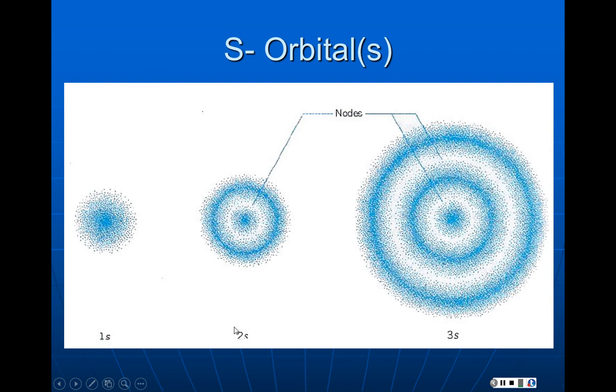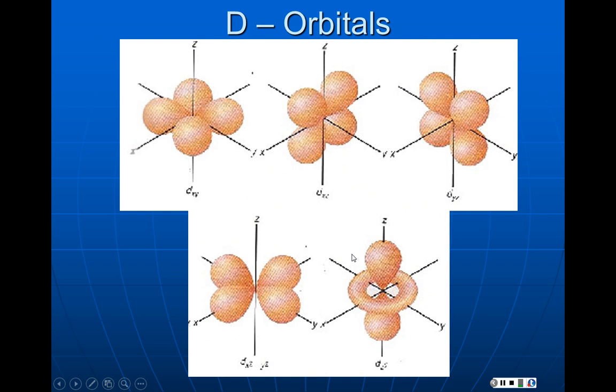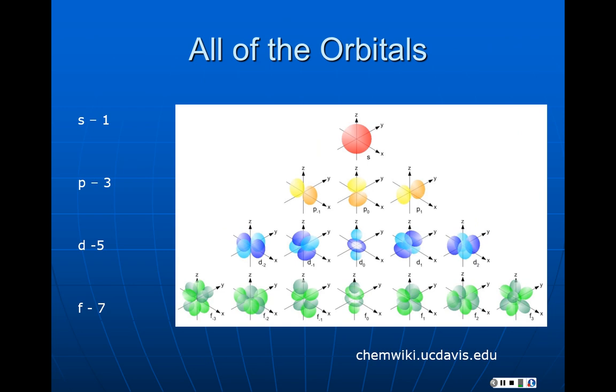In the second energy shell, there's another s orbital, and they're spherical. The p orbital, the p type, has 3 varieties, the x, y, and z. And so this dumbbell has room for 2 electrons with opposite spins, and this one has 2, and this one has 2. And the d orbitals, there's 5 of those, and then the f orbitals, there's all of them.